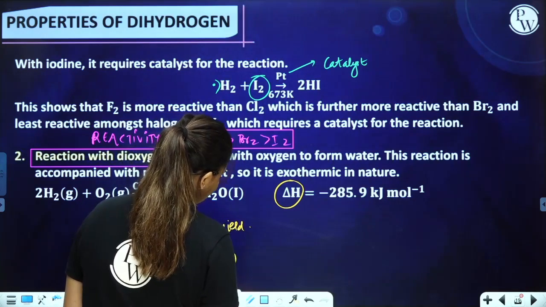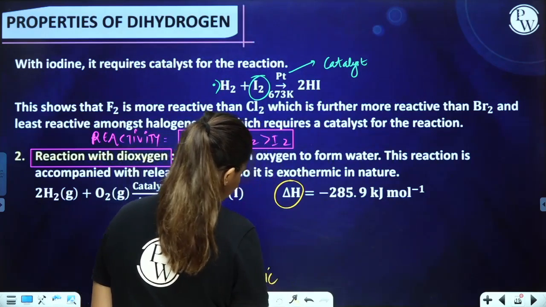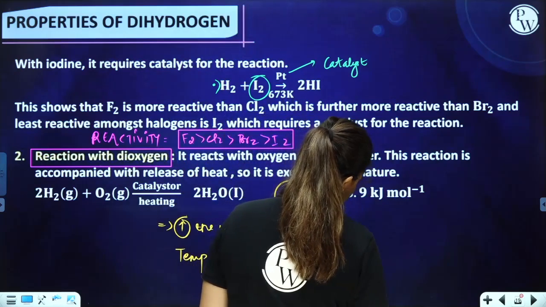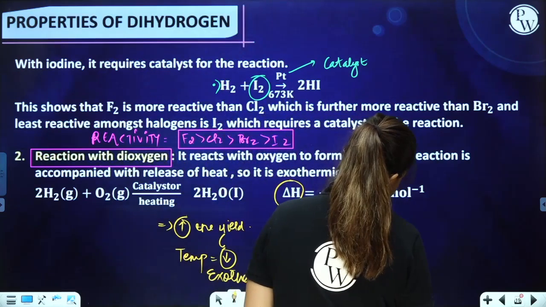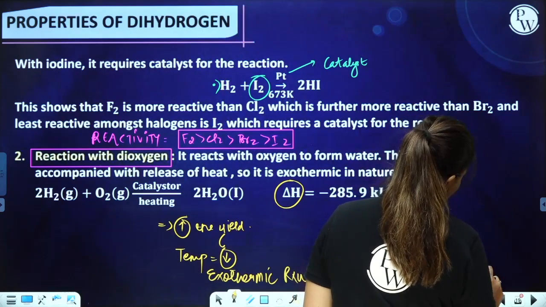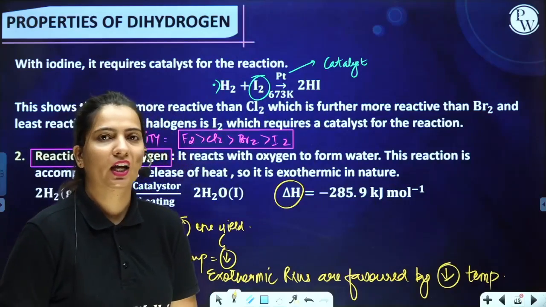As you know, exothermic reactions are favored by low temperature.